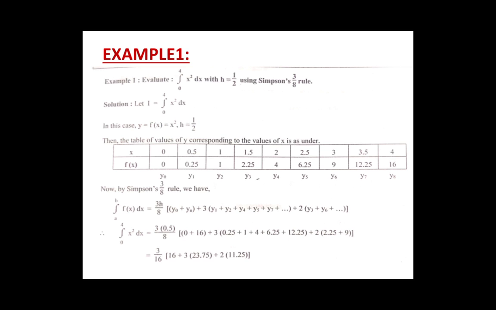So let's see the example. The question is, evaluate integral 0 to 4 x square dx with h equal to 1 upon 2 using Simpson's 3/8 rule. It is already mentioned here that we have to apply Simpson's 3/8 rule. So we find the y or f of x.